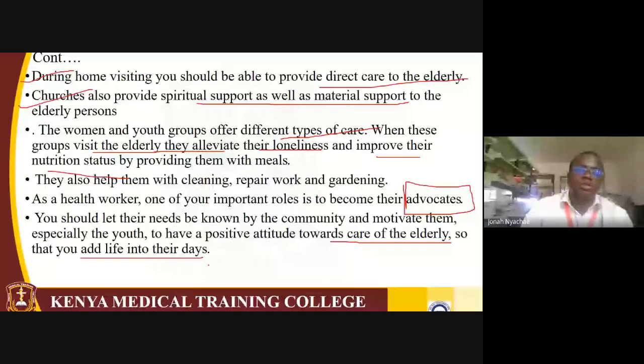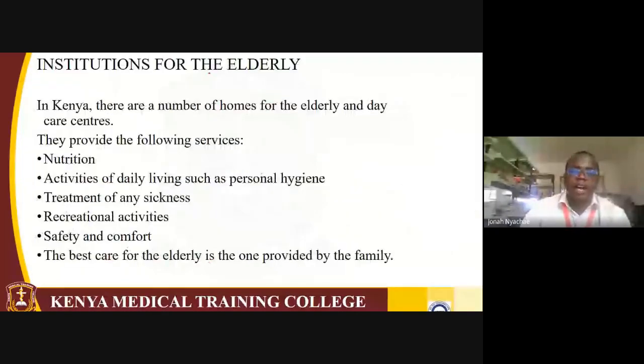Institutions that are available for the elderly in Kenya: there are a number of homes for the elderly and daycare centers. These centers provide nutrition, assistance with activities of daily living such as personal hygiene, treatment for any sickness, and recreational activities, just like Bible studies.